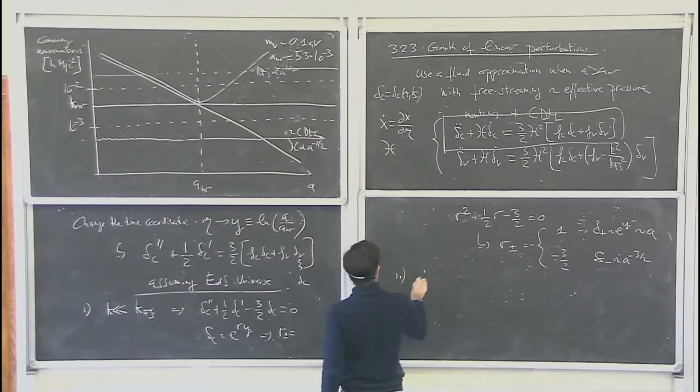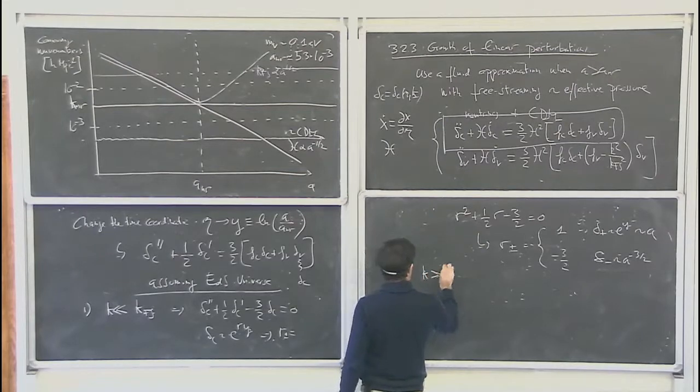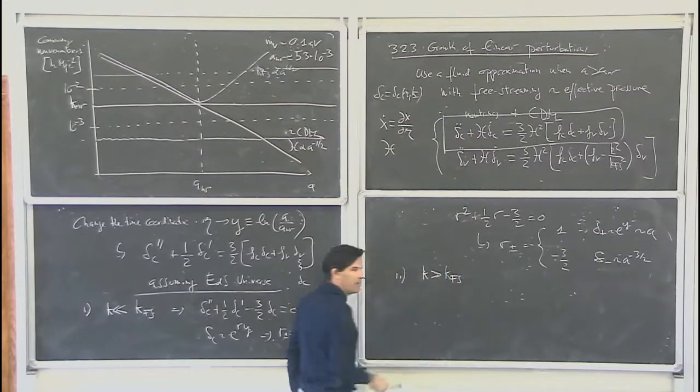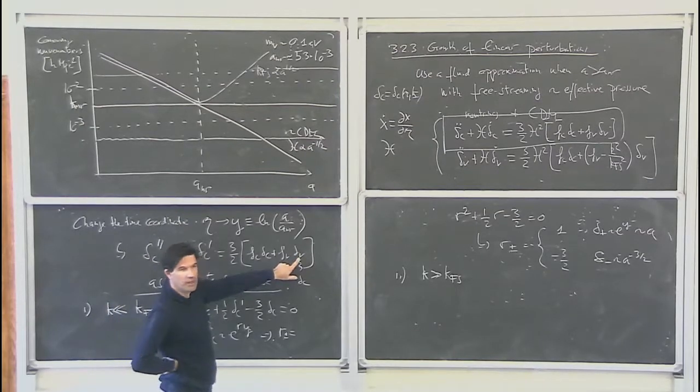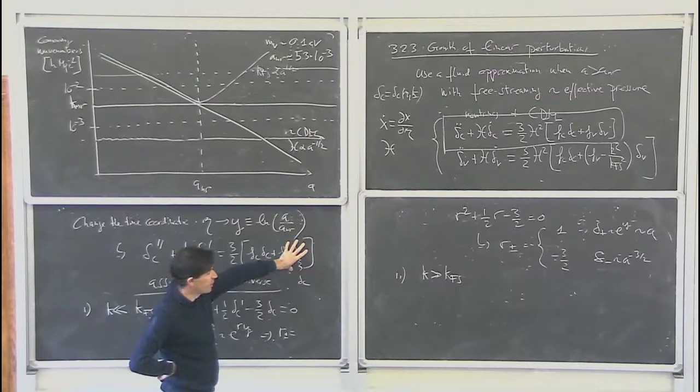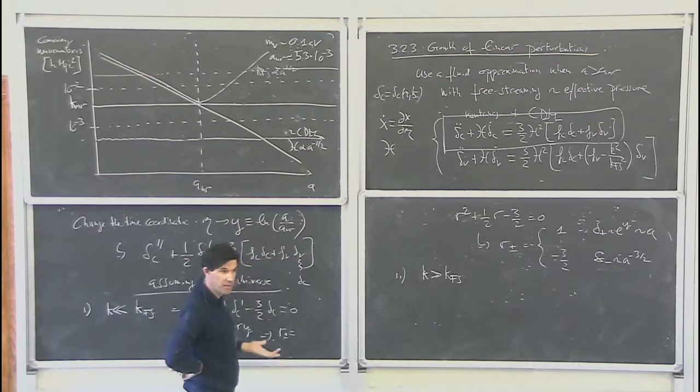So in the other limit, where k is much bigger than the characteristic free streaming wave number, what do we do with this? We set it to 0, because I told you the neutrino density fluctuations are damped by the free streaming. They are essentially 0. In the limit where k goes to infinity, this goes to 0. So I ignore this term.